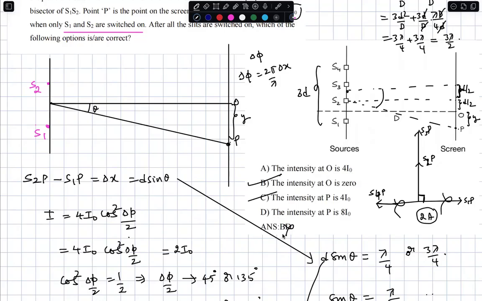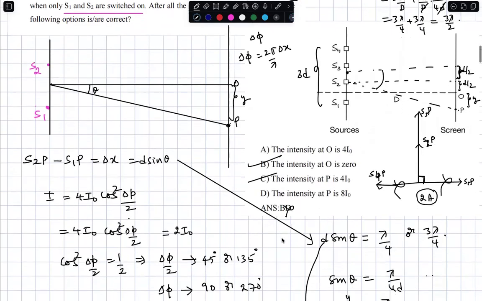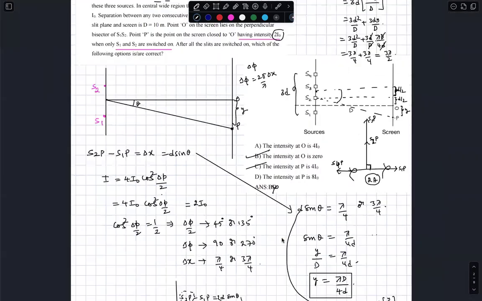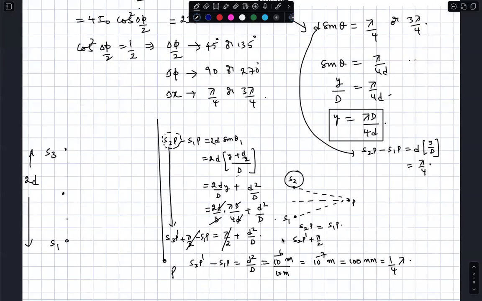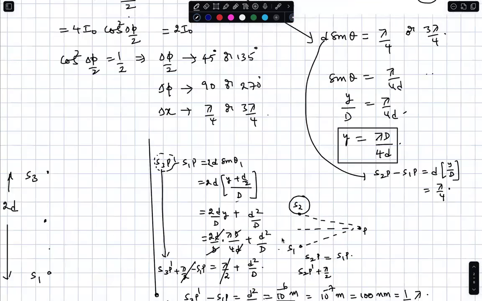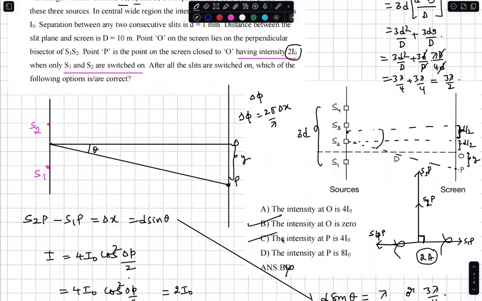Actually, D is not correct. Right, so this is the way how you need to solve 4 slits. Remember, I am teaching you again. You take S1, the lowest slit, as a standard reference.